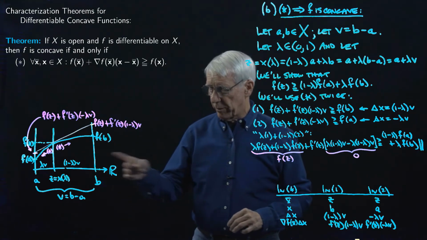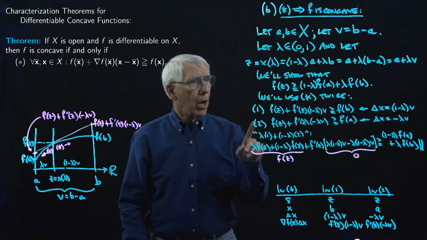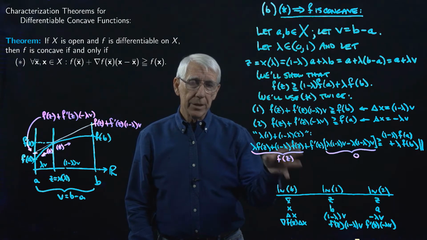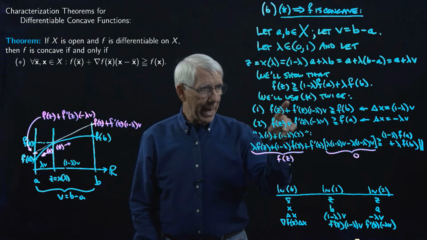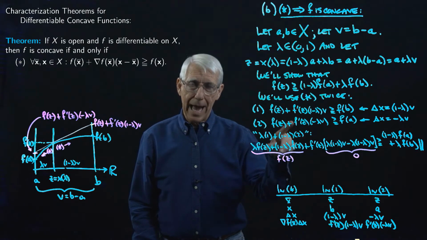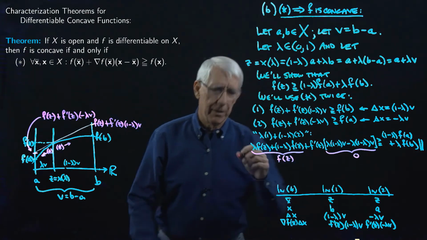Here they have the picture where the domain was just the real line, just the reals. So all we have to do to change what we wrote in the proof is change the three places where we have the derivative of f at z to the gradient of f evaluated at z.